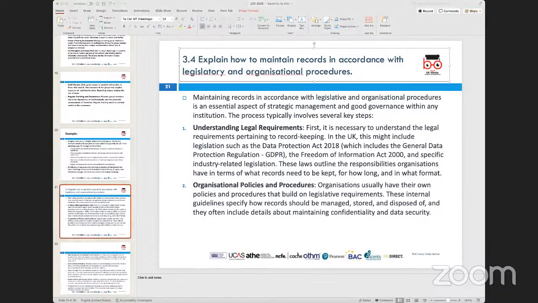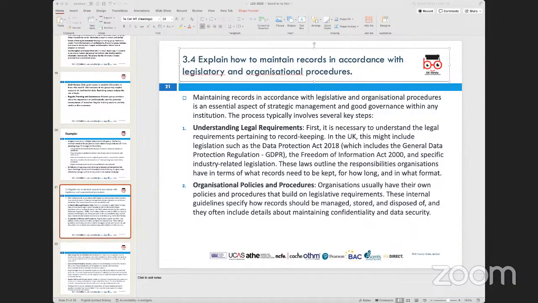this particular assessment criteria. Now, one of the things that we look at is the Freedom of Information Act of 2000, which is something that users can use if they want to get access to information specifically from public records or governmental records. Now in some cases when you look at schools, there are pieces of information which the agencies can ask for from the school, and they would normally ask for that information under the Freedom of Information Act.